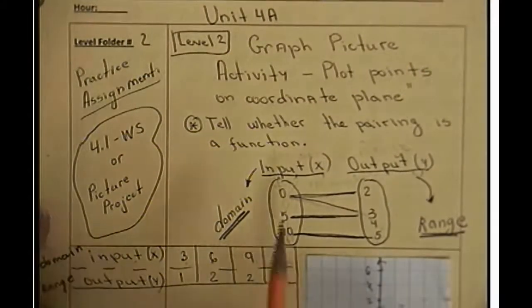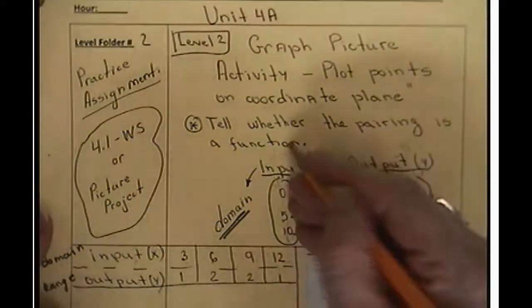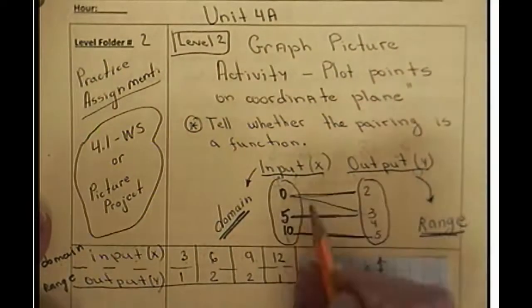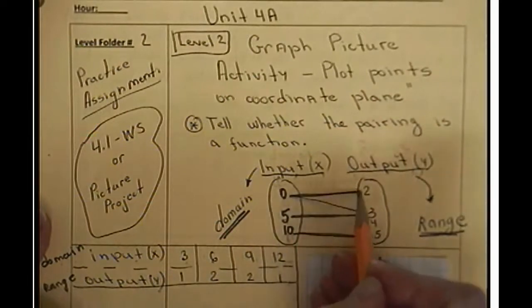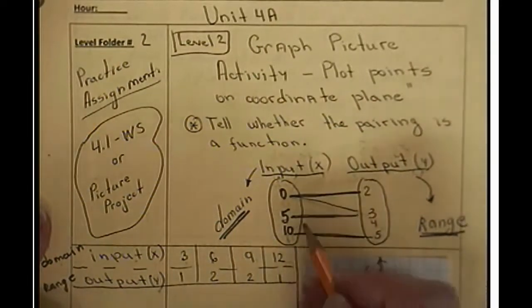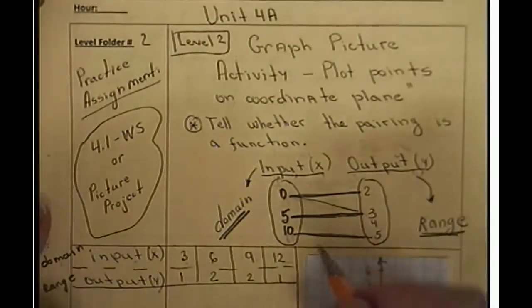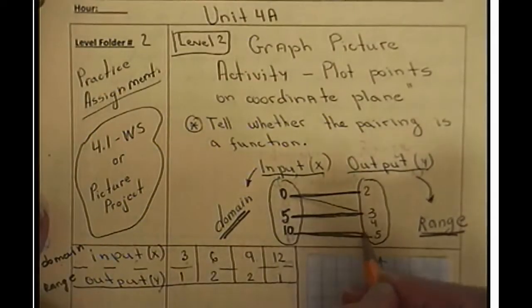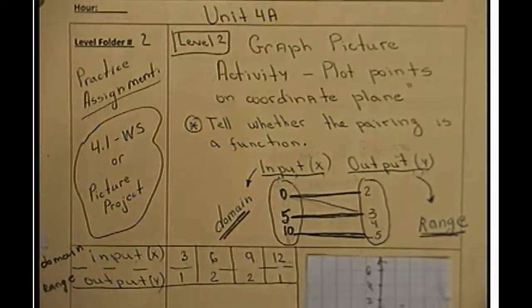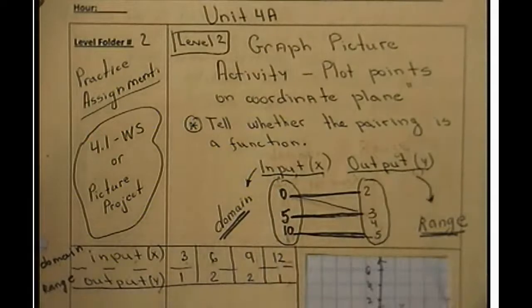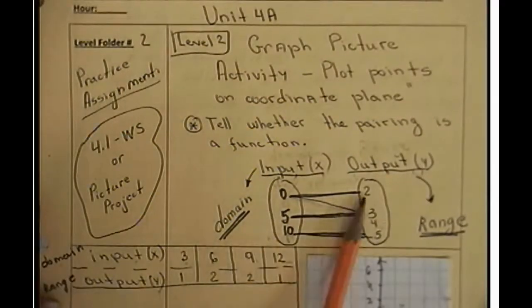So in cases when we have just numbers 0, 5 and 10, and let's say 0 input gives us y equals 2, or 5 gives us y equals 3, or 10 for x value and y equals 5, this shows us that for every individual input, different from the other numbers, we have a corresponding output.